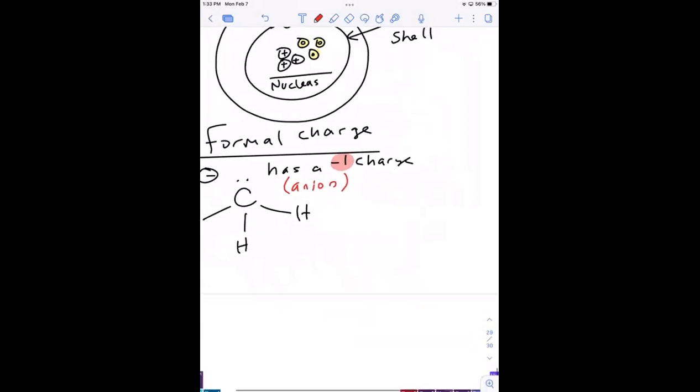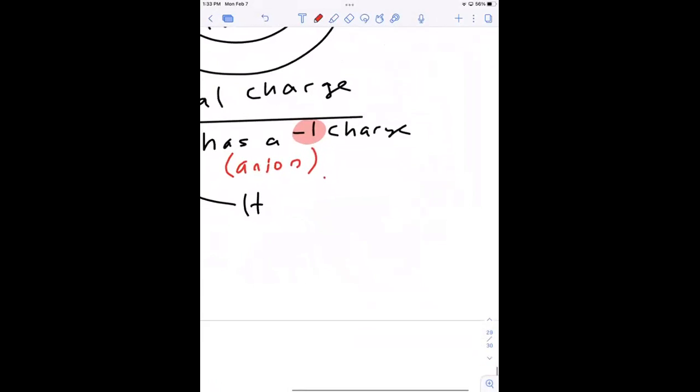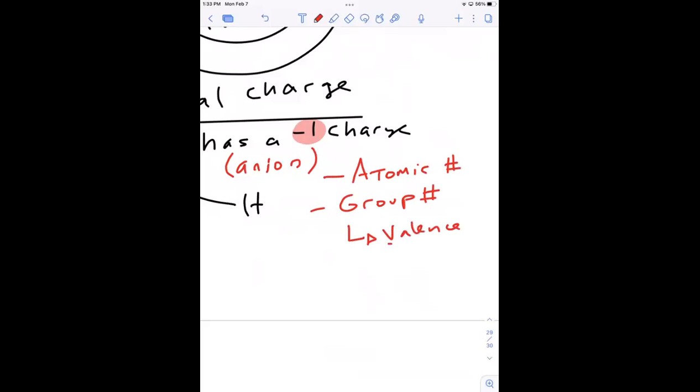So somebody look at the periodic table and tell me, we're going to look for 2 things. We're going to look for the atomic number. We're going to look for the group number. And then from the group number, we can determine the valence. In other words, how many electrons are in the outer shell. All right.